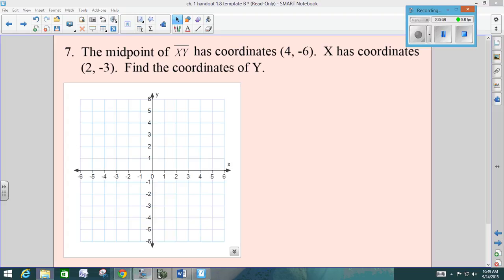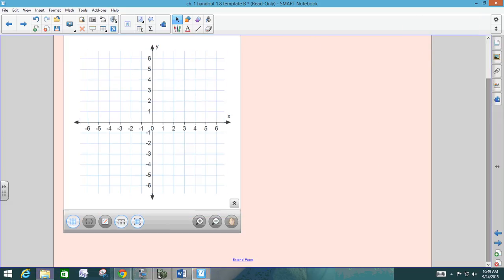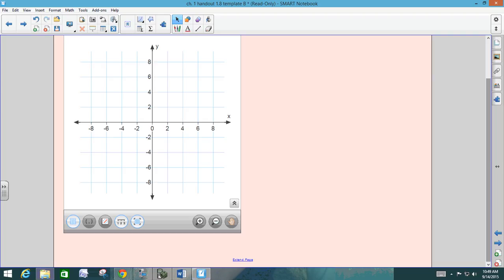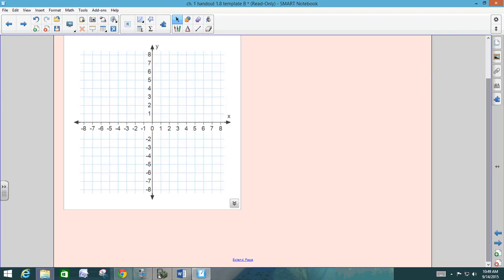If I was going to do it by graphing it, my midpoint is at 4, -6. Here's my midpoint.